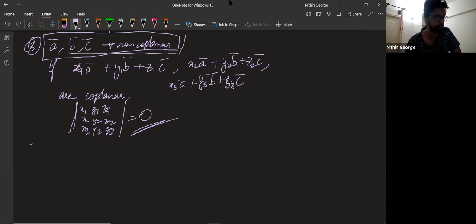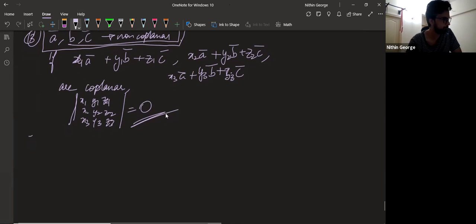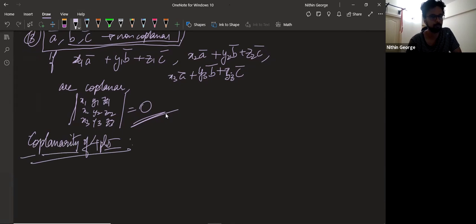Now, the next note, guys, some bit of note writing is there. Coplanarity of 4 points. First one.